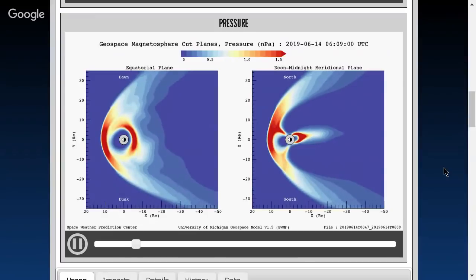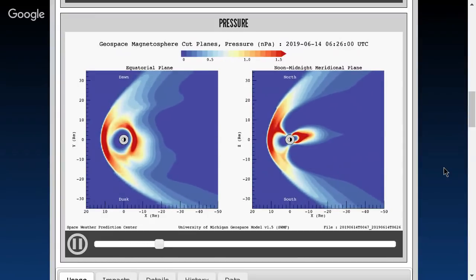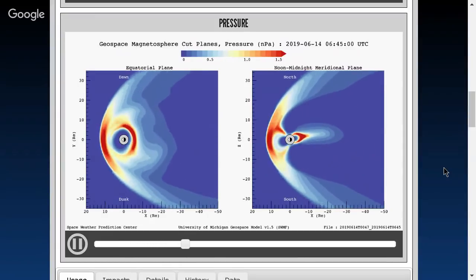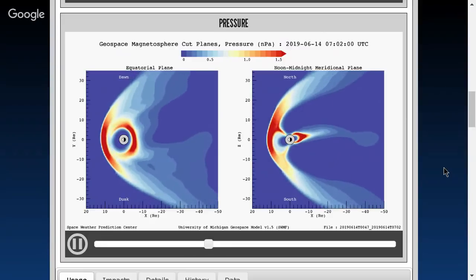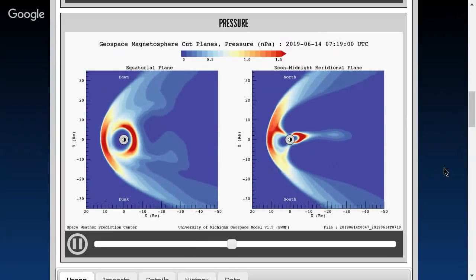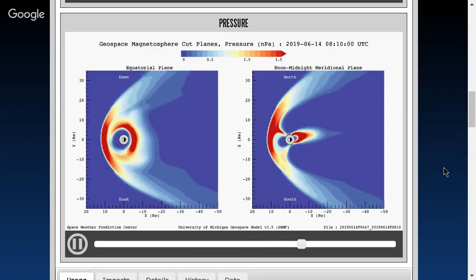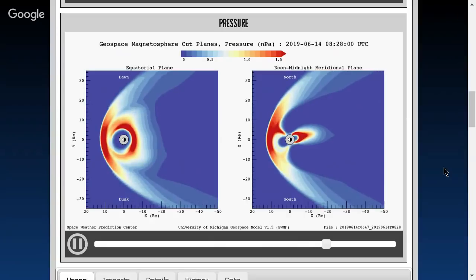Nothing extravagant there. Here's the pressure. A couple small striations in it there, nothing really to write home about. And things are looking pretty steady.